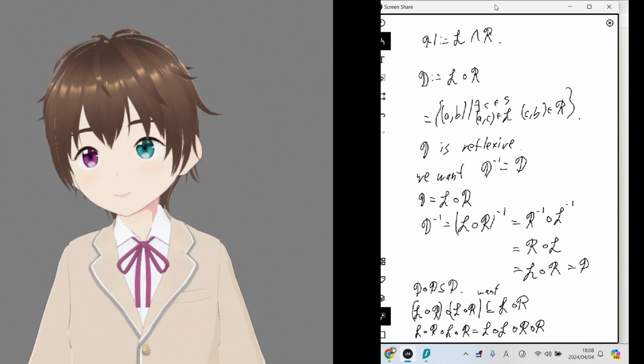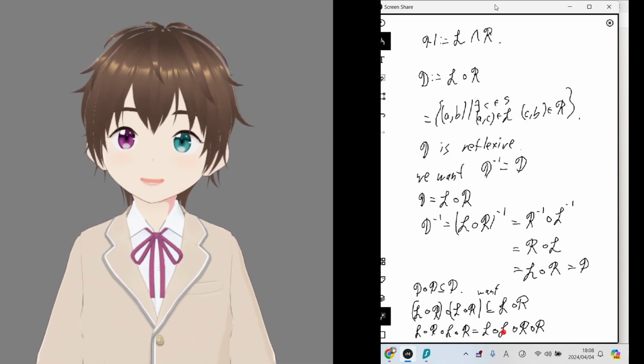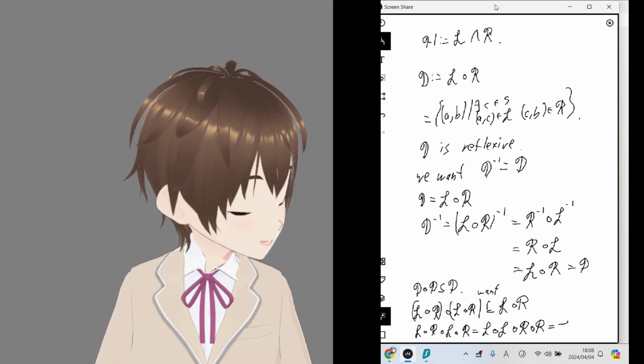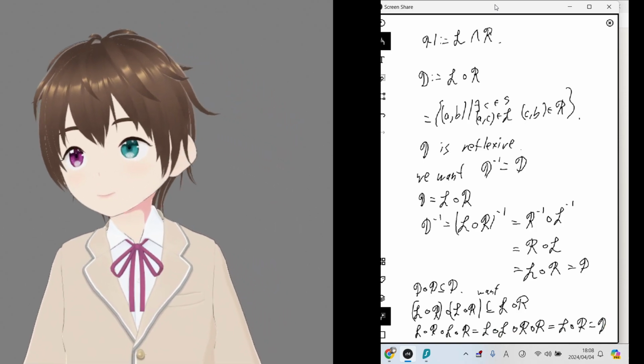These are both transitive, and in fact, because they're reflexive, they're actually equal to their composite with themselves. So this is equal to L composed R, which is just D. So D is an equivalence relation.